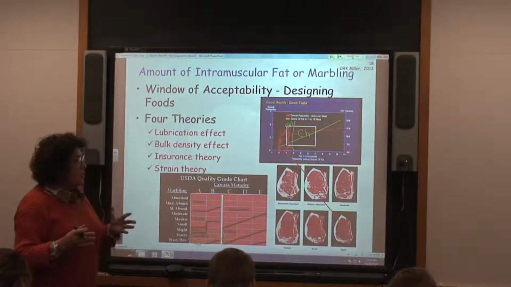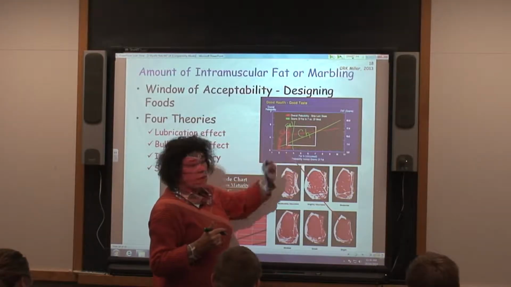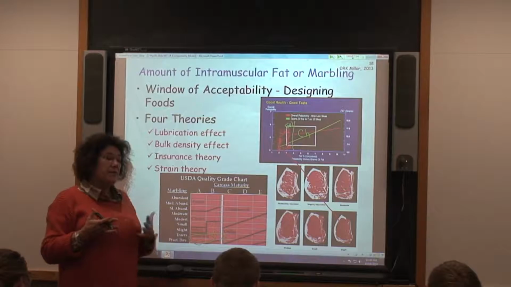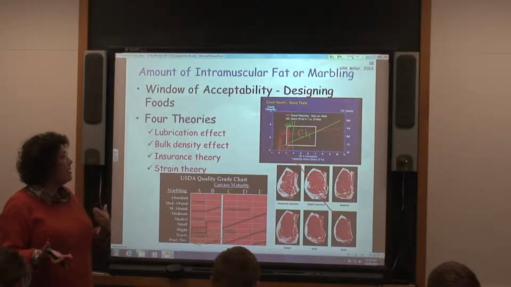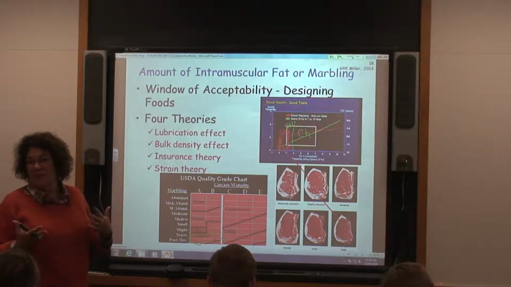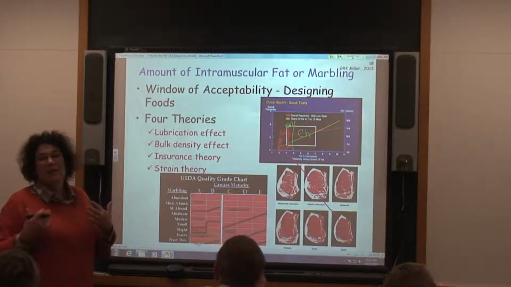So the window says that from a palatability standpoint, we need to be at least 3 to 7% chemical lipid to have acceptable palatability. And if we marry that with what consumers say they want from a diet health standpoint, it fits within a diet health standpoint as well.